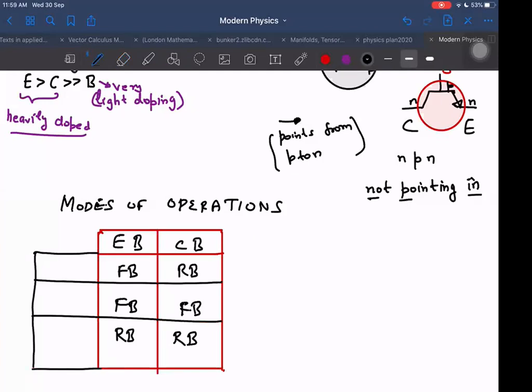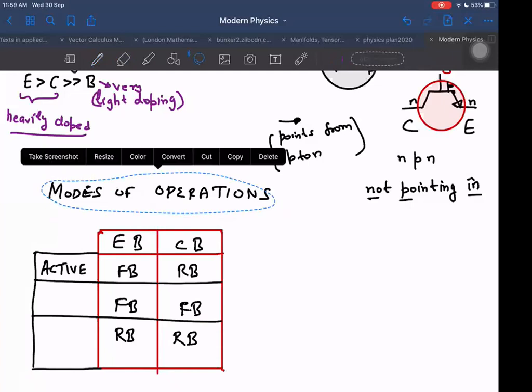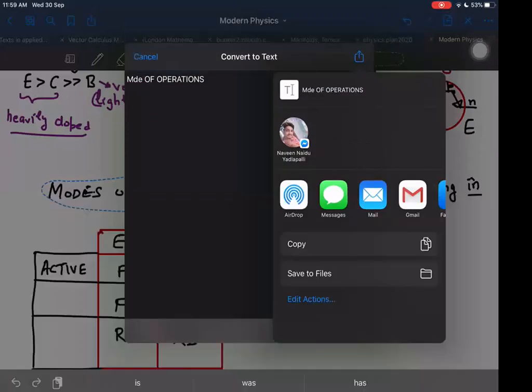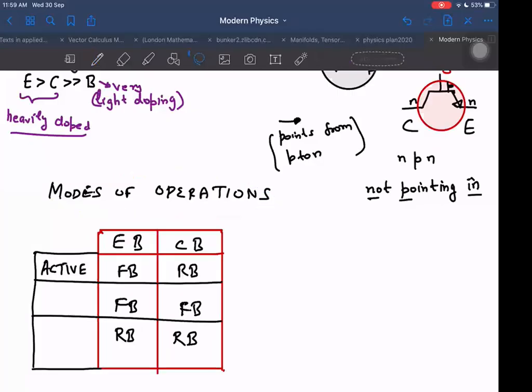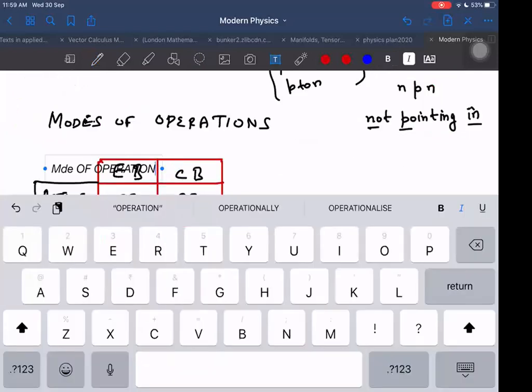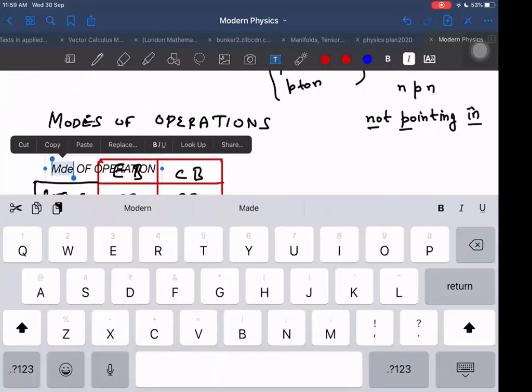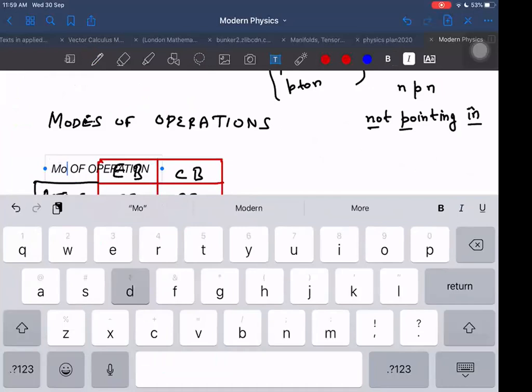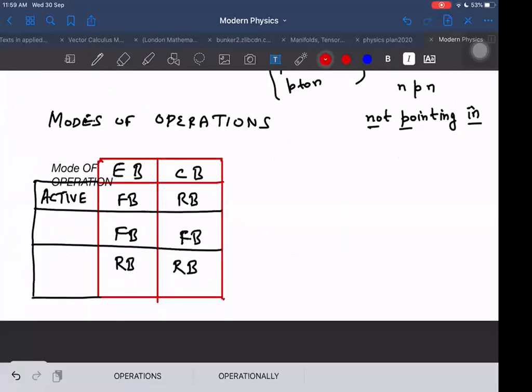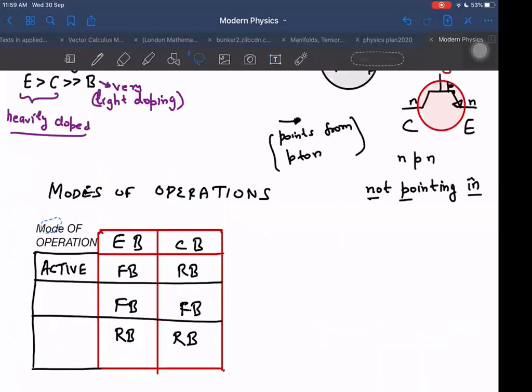First one we call the active mode of operation.